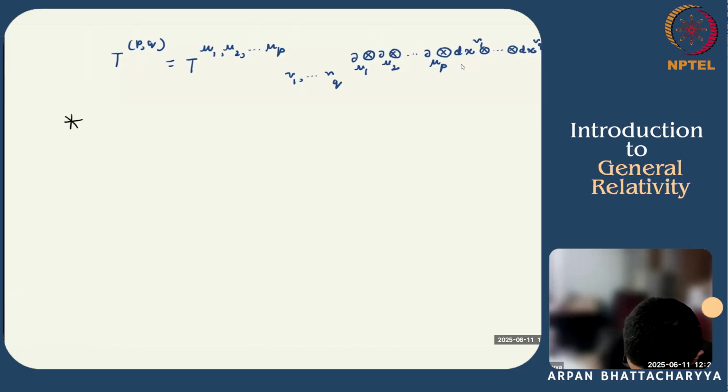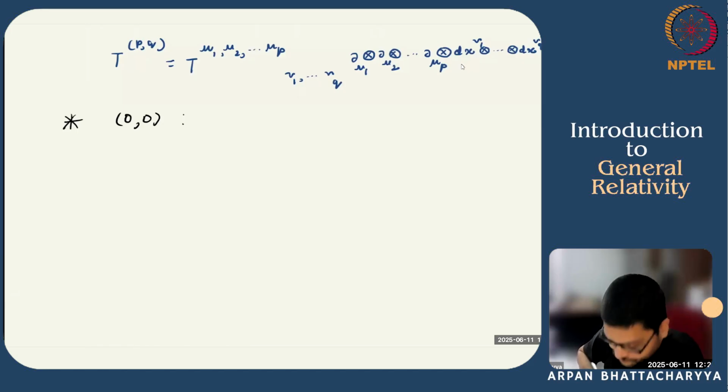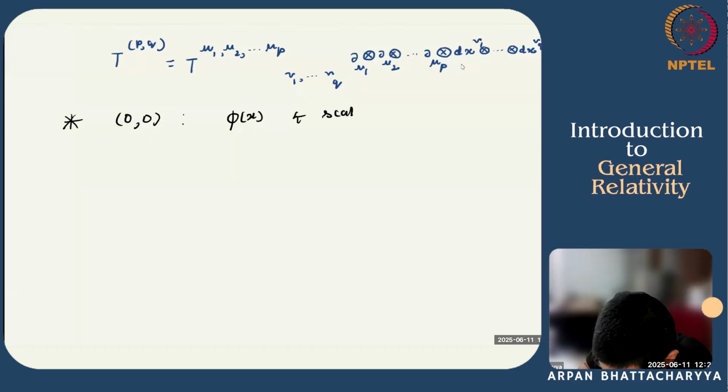The first example is the (0,0) rank tensor. What is that? It's nothing but a scalar function. It does not have any basis associated with it. Okay.